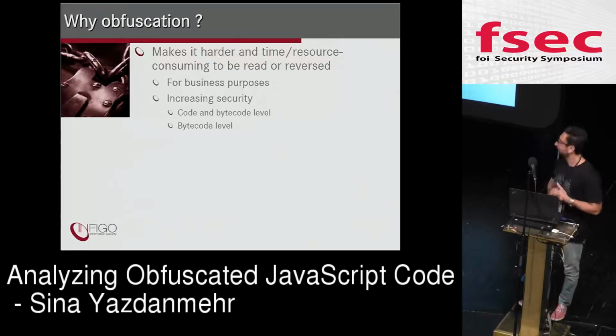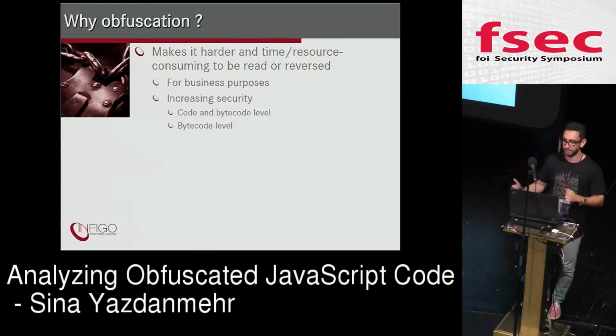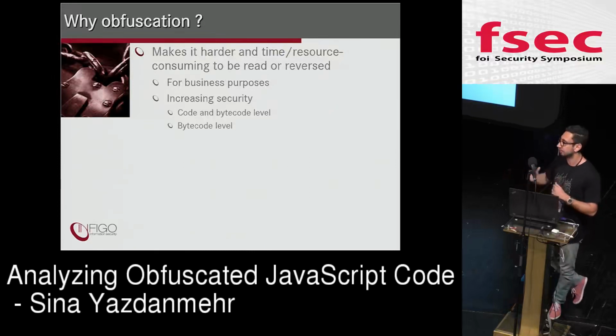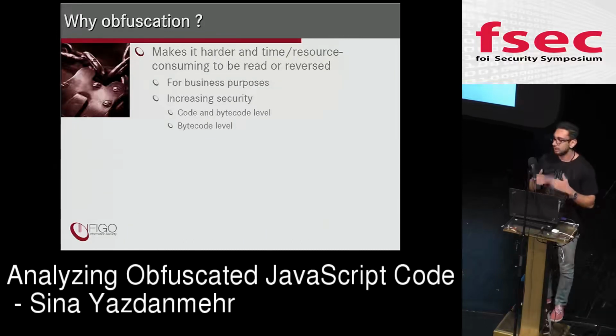Obfuscation can help us with increasing security, since it makes analyzing the code harder. Maybe an attacker cannot find some vulnerabilities in your code. Of course, obfuscation can be implemented at two levels. In interpreted programming languages like JavaScript, Python, Perl, and so on, it is done on the code level.